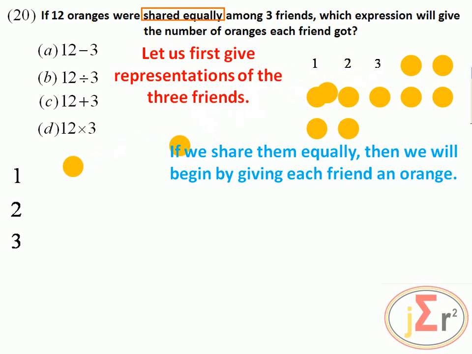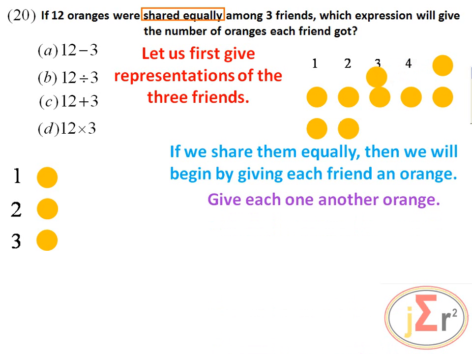After that is done, what should we do, Jerry? Give each friend another orange. Okay, give each friend another orange because we have to do it what? Equally. Right. And after that is done, what do we do, Jerry?